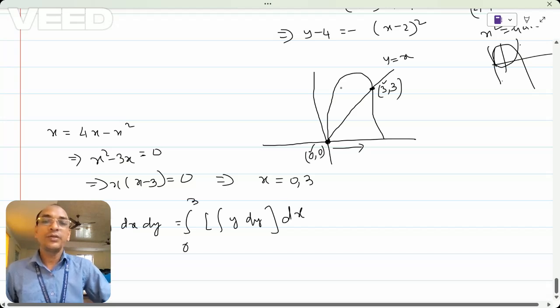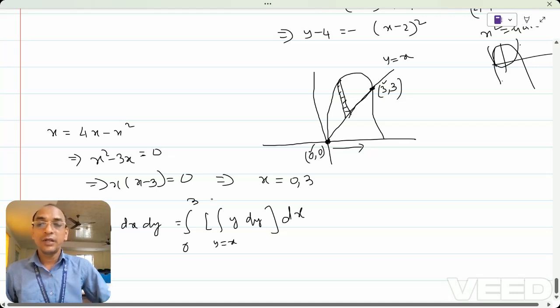Limit of y means we have to consider from bottom to top. Bottom is this line y equal to x, so you can have y equal to x. And top means the curve, this one, so you find the limit as y equal to 4x minus x square.